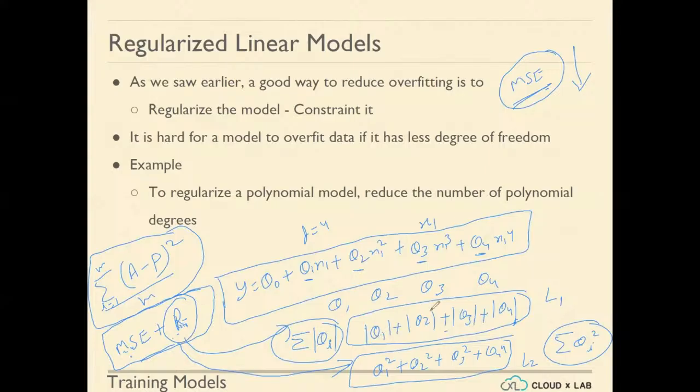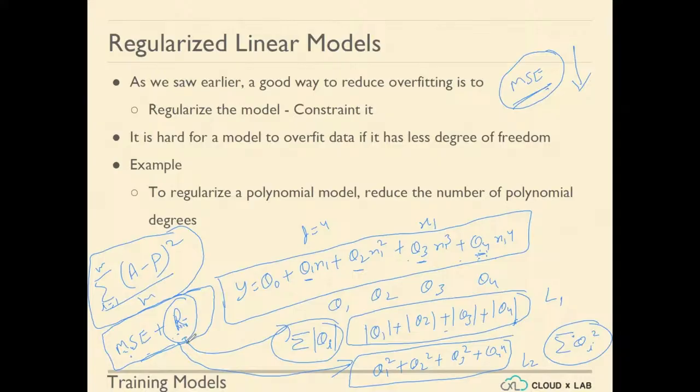This summation will be small when the theta values are small. So if you have the regularized loss, it will penalize unnecessary thetas. Let's say if theta 4 is not required, then it will penalize theta 4, so that theta 4 becomes very, very small, to reduce the regularization term, right?